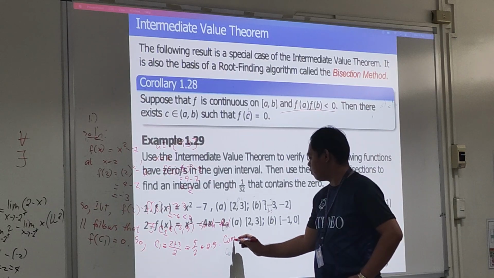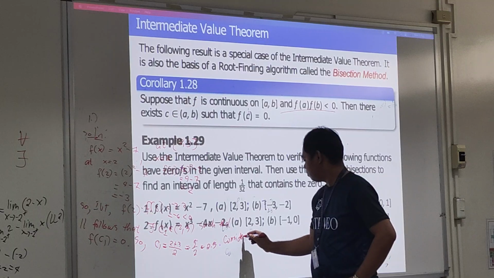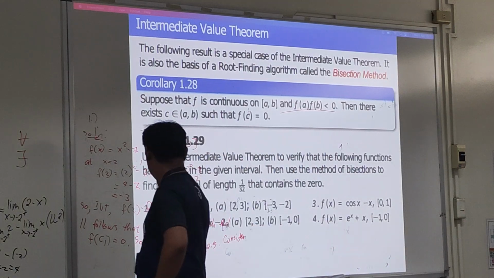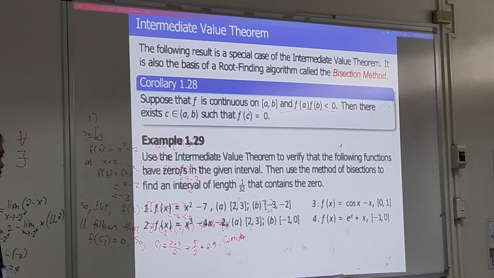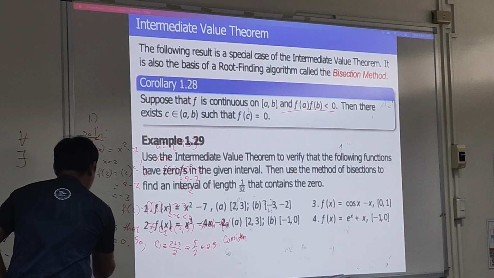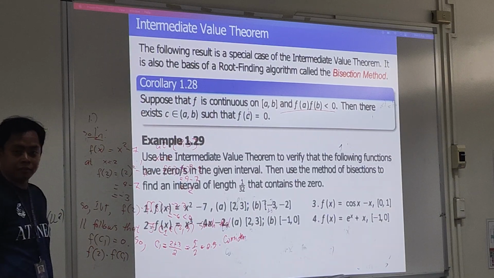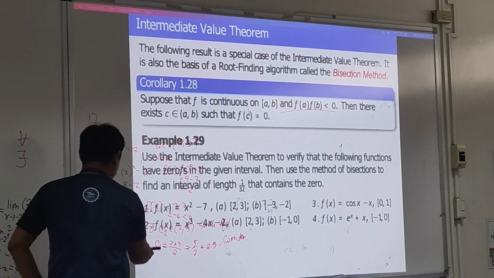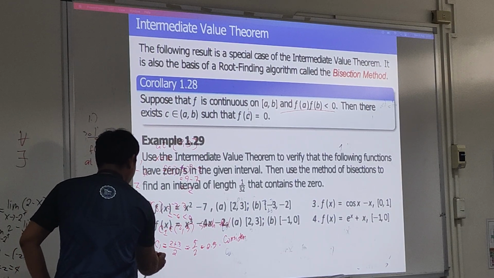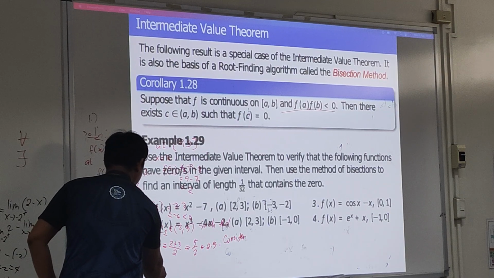So consider the interval. f of 2 times f of C1: your f of 2 is negative 3, times 2.5, so that is just negative 7.5, which is less than 0.